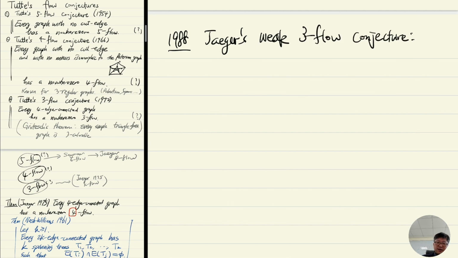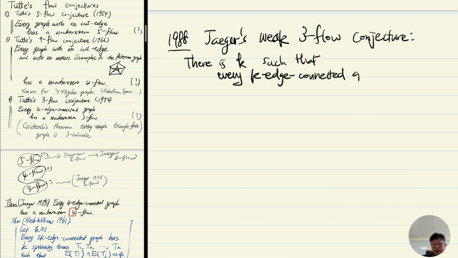He conjectured that there is a K such that every K-edge-connected graph has a nowhere-zero 3-flow.